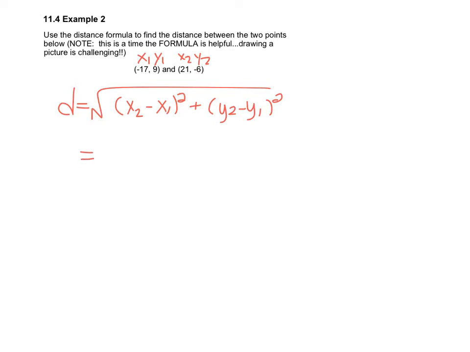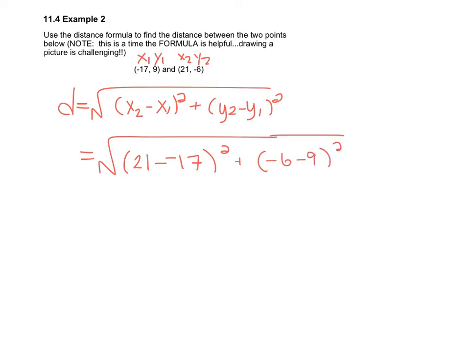are so large. So to give you an example here, if we plug in those values, we have 21 minus a -17. And then I have -6 minus 9 more. So here I can already see I have some fairly large numbers.